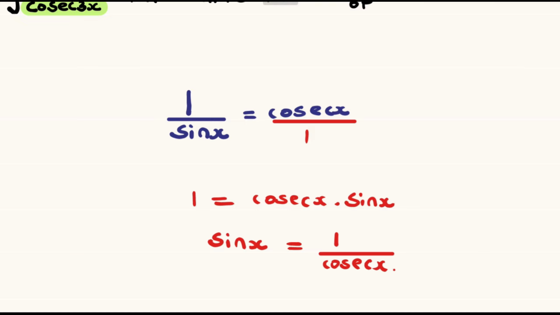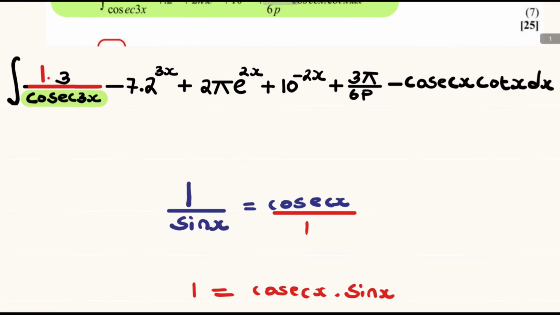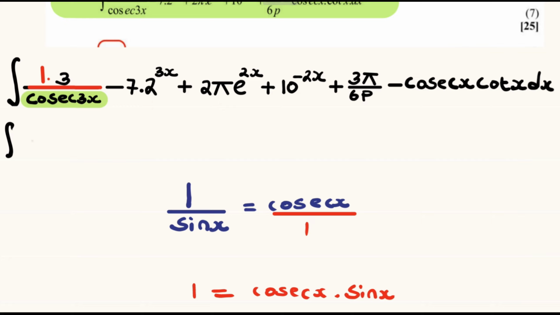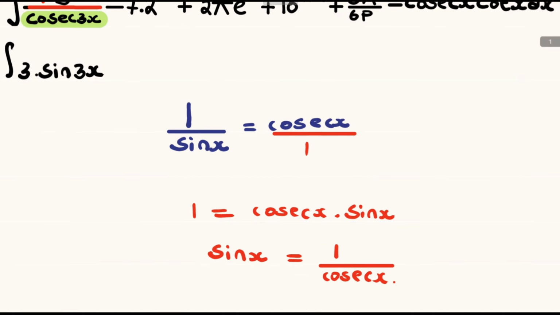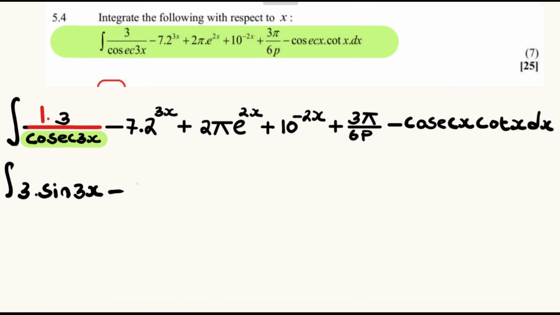So in our case, we have 1 over cosec 3x. So this will be equal to the integral of the 3 multiplied by sine 3x in the place of 1 over cosec 3x. We only need to simplify that one term.